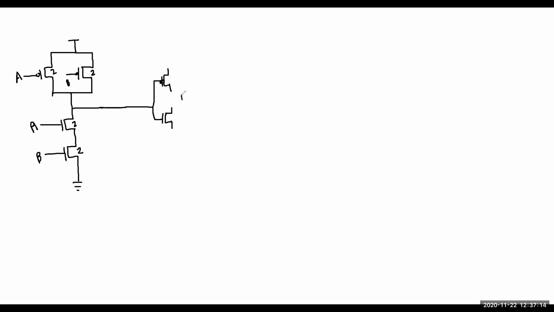This part is from the NOR gate, so the sizing was 4 and this sizing was 1. And it is also connected to a NOT gate, right? But they are not connected because they have a different big circuit, so I'm not going to draw the big circuit. This is the NOT gate. This is 2, this is 1.